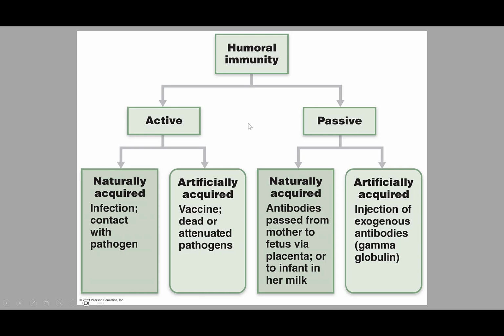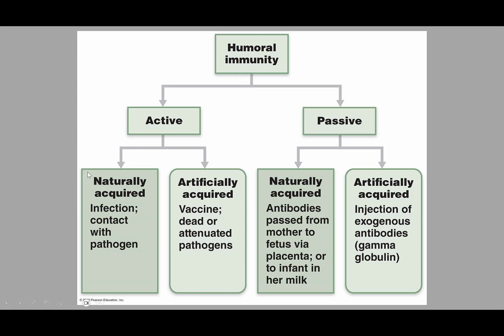But there are different types of active and there are different types of passive immunity. Let's look at different types of active immunity first. Naturally acquired active immunity. Well, this is what happens when you get sick, or sometimes even when you don't realize it.